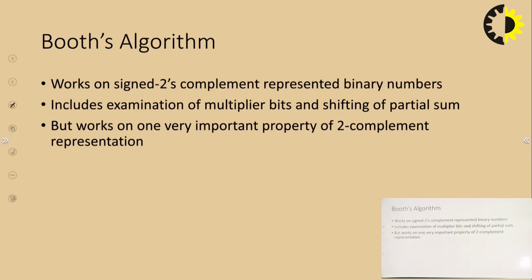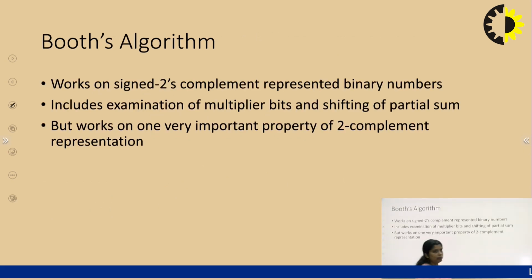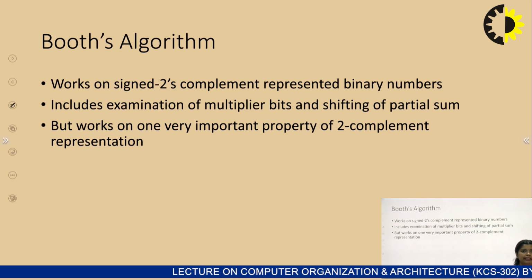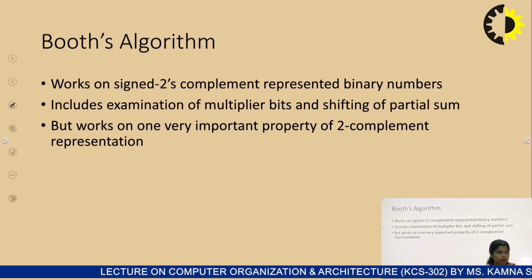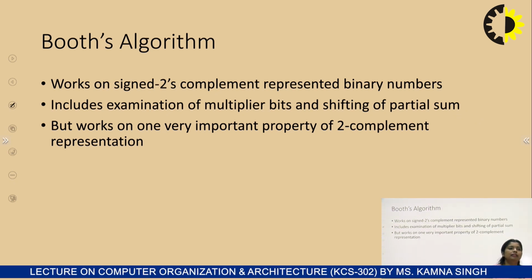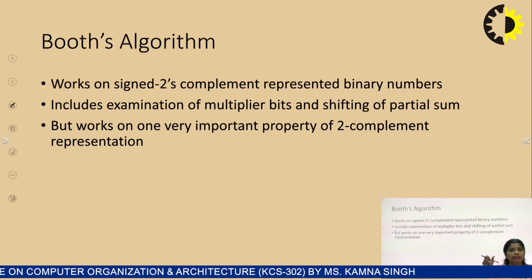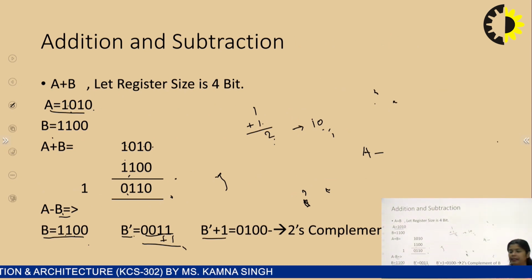Now, the Booth algorithm. The Booth algorithm actually works on signed 2's complement values. The 2's complement means whenever a positive number is there, you convert it to the binary value. But in 2's complement, when we are using a negative value, we always take the 2's complement.